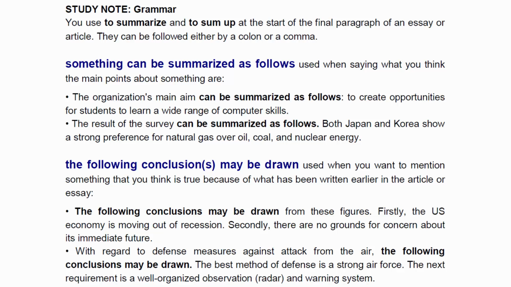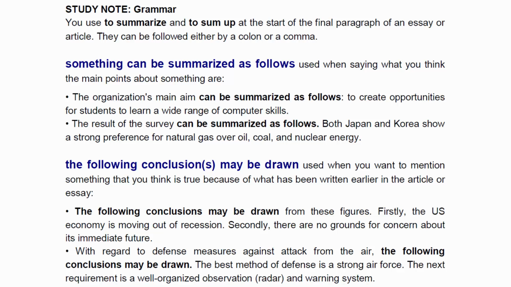Now, the following conclusion may be drawn from these figures, okay? Or you can say the following conclusion may be drawn from these arguments, or from the arguments mentioned above, from the advantages mentioned above, or from the advantages and disadvantages mentioned above. Okay, so this is what you can say.